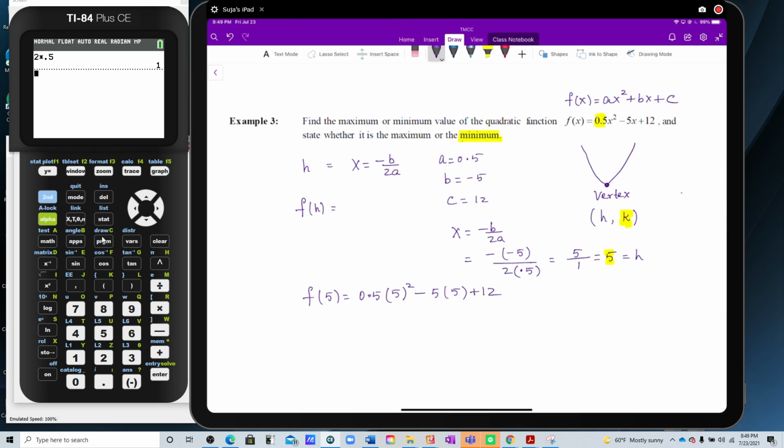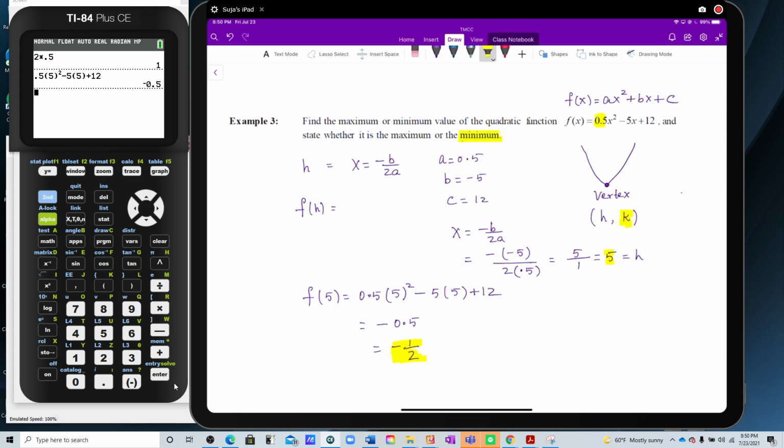If I put that in my calculator, 0.5 times 5 squared minus 5 times 5, again, I don't need those parentheses, I'm just putting them there. Okay, it's just negative 0.5. Now, if I want to write it as a fraction, we know 0.5 is a half, so negative 1 over 2.